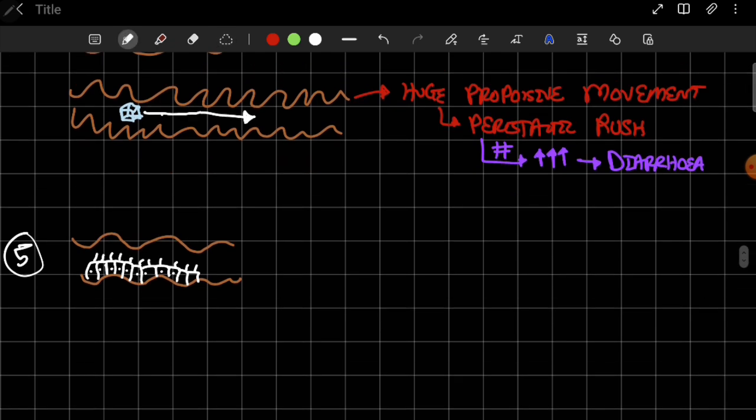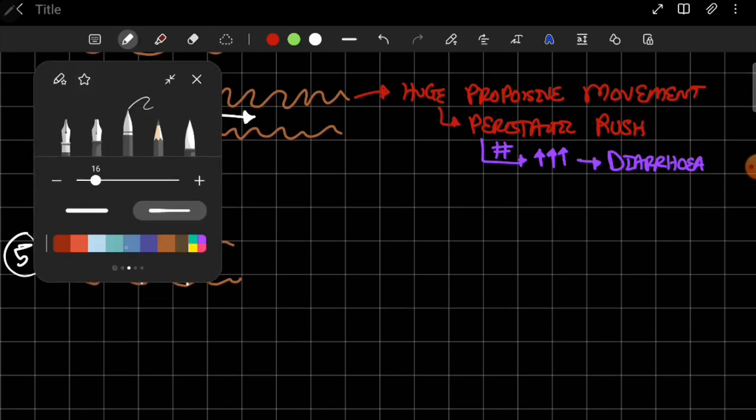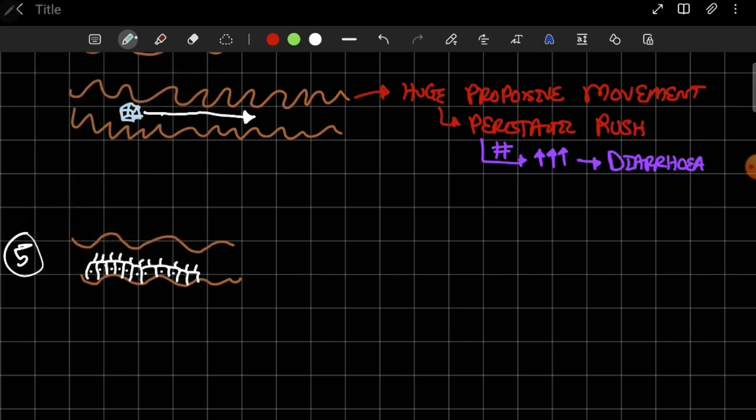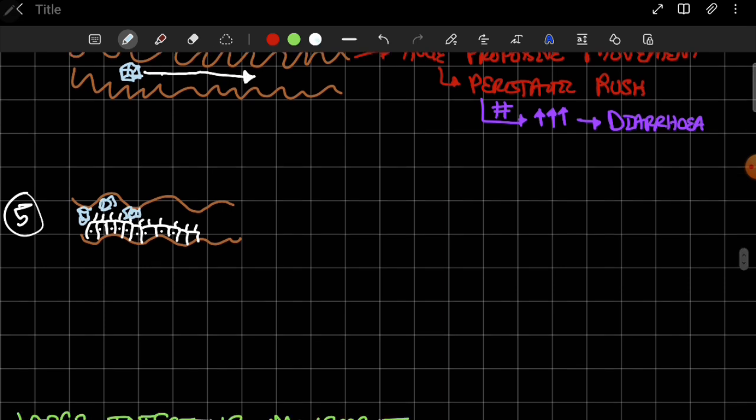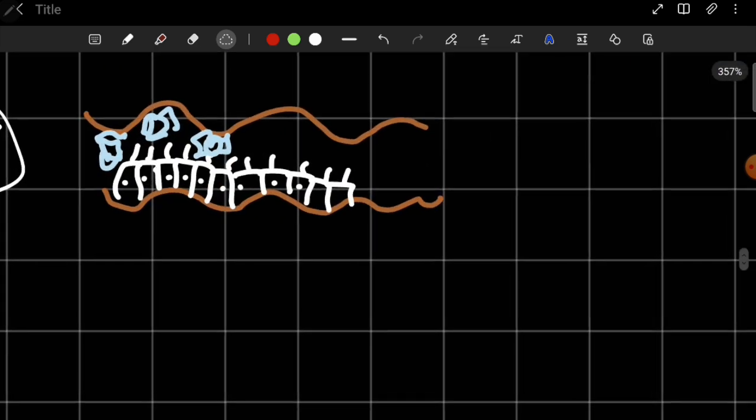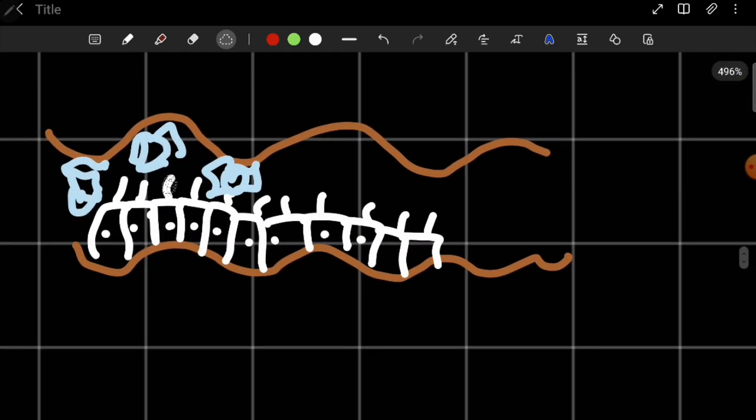Suppose our paneer is here in many pieces, as it is in the small intestine, which is responsible for absorption. Since paneer is here, let me zoom in, this villi will push it towards the large intestine, or towards the anal end.